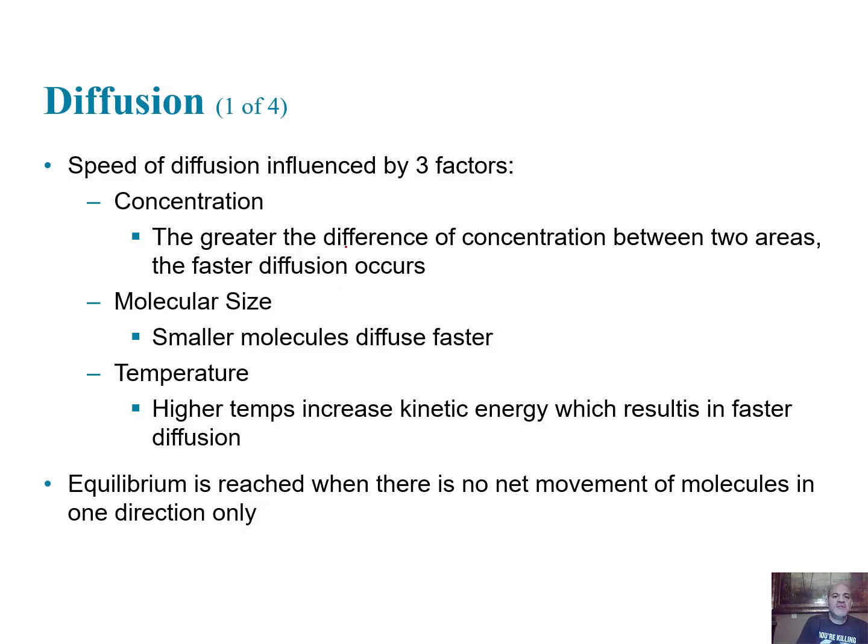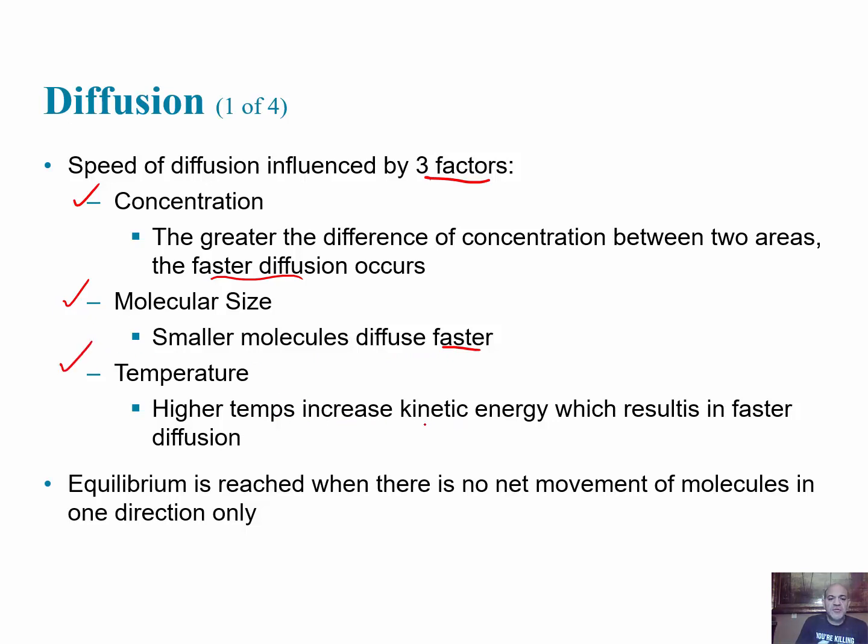The speed of diffusion is influenced by three factors. One is concentration: with a greater concentration, there will be more collisions, resulting in faster diffusion. Then molecular size: at the same temperature, smaller molecules move faster in order to have the same average kinetic energy, so small molecules diffuse faster.